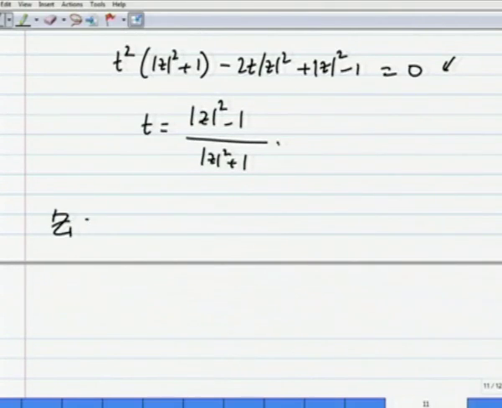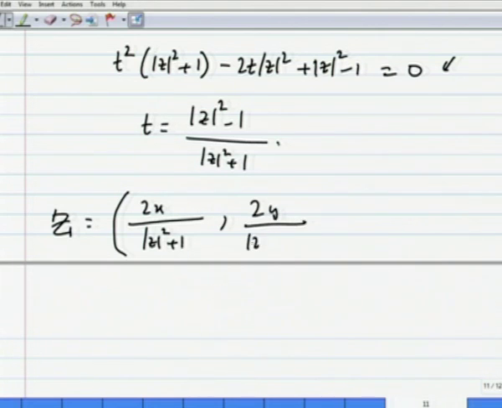Capital Z is equal to (2x / (|z|² + 1), 2y / (|z|² + 1), (|z|² - 1) / (|z|² + 1)).